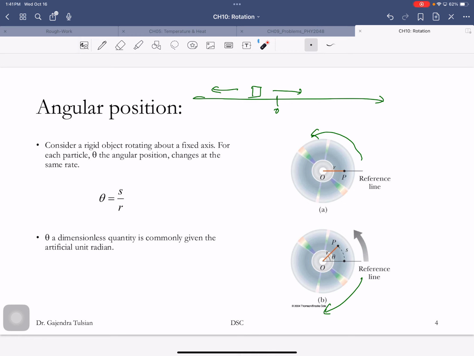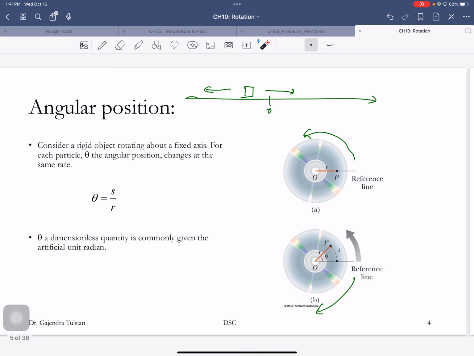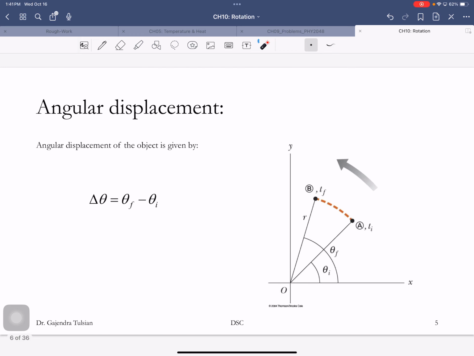When this point, which is a distance r from the axis, travels a distance s, the angle through which the object has rotated, theta, is given by s over r. And theta is in radians. Imagine that disk. There was the initial angular position of the disk, and then it rotated some more. There's the final angular position.